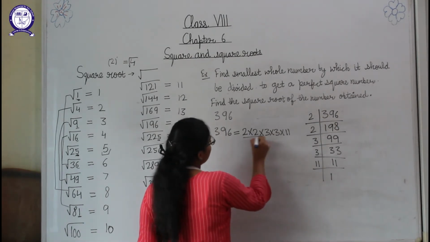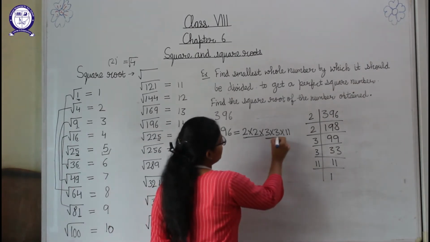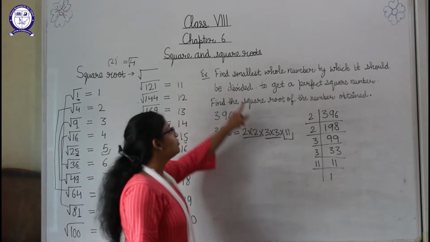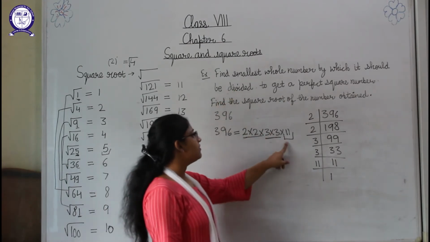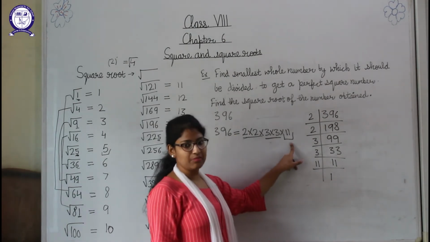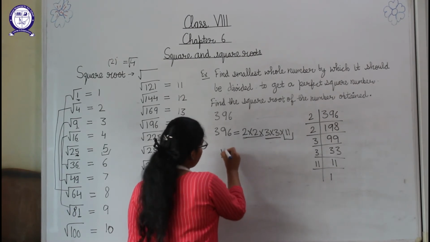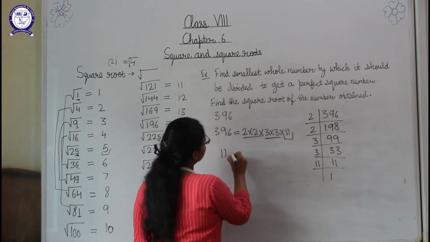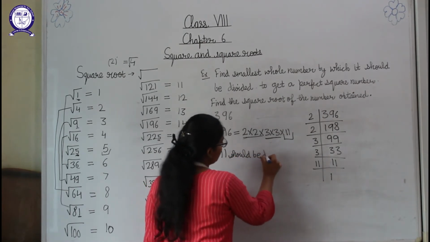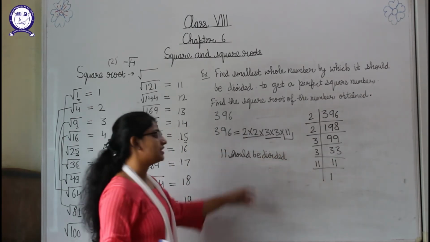Now when we make pairs, here 2 and 2 are making a pair, 3 and 3 are making a pair, but this 11 is not making any pair. And we have to divide something. So if we divide 396 by 11, this 11 can be eliminated. So what will be our answer? That 11 should be divided. Whatever is left and is not in a pair, we will divide by that number only.